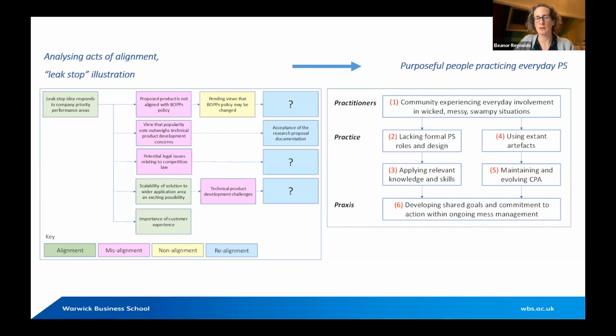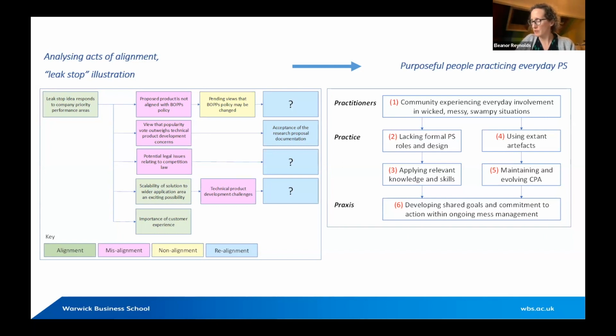And there came this idea that they were maintaining and evolving this idea of collective prior appreciation through the influence that they had on the interpretation and the development of new artifacts. So whether they were producing a slightly different interpretation of an existing document, or whether they were proposing definite changes or replacement of some documents, there was this presence of constant change, that a policy today might not be a policy tomorrow.